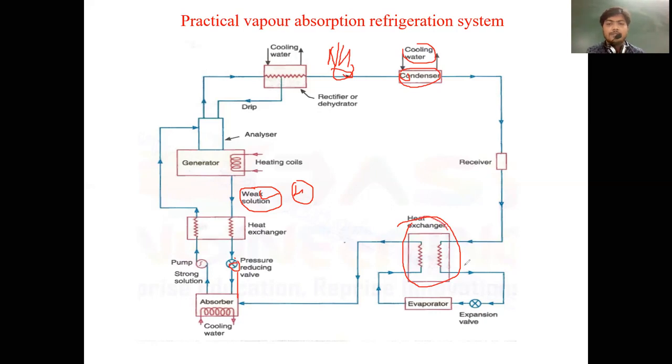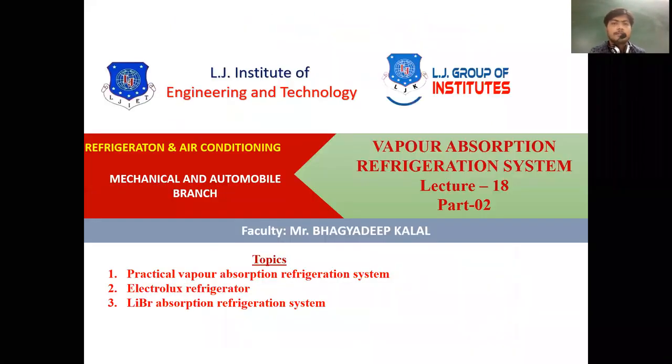The function of one is to transfer heat from the liquid ammonia to the low temperature vapor ammonia. In the other, heat is transferred from the strong ammonia-water solution to the weak ammonia-water solution. This is the cycle of the vapor absorption refrigeration system. This is the practical cycle. Okay, next.